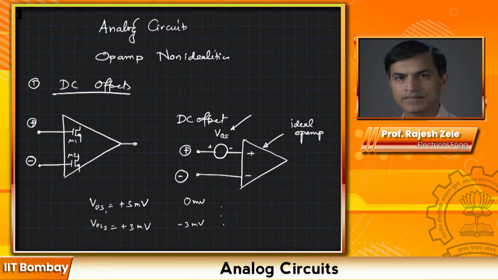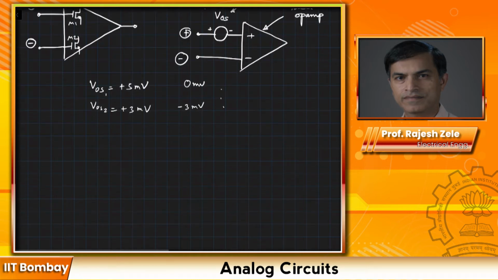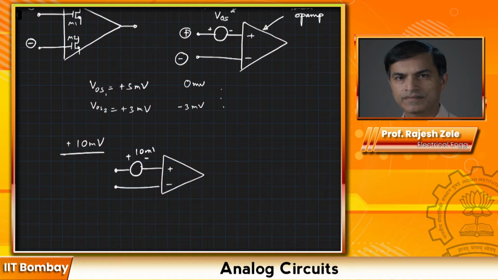Now what does this offset voltage really do to the op-amp? Let's assume for a minute that the input-referred offset voltage is 10 millivolts. We draw this op-amp with plus minus 10 millivolts.